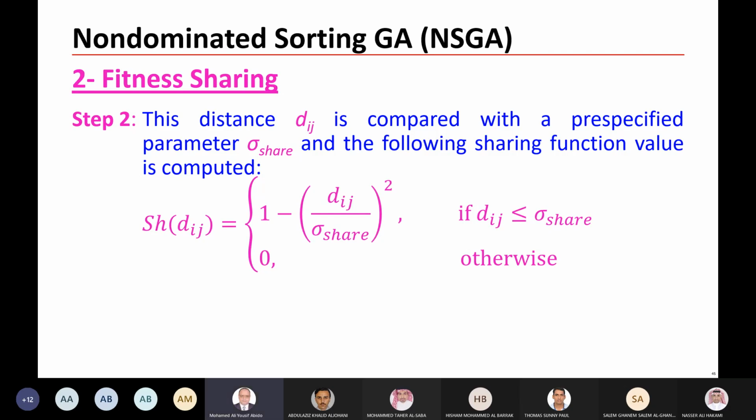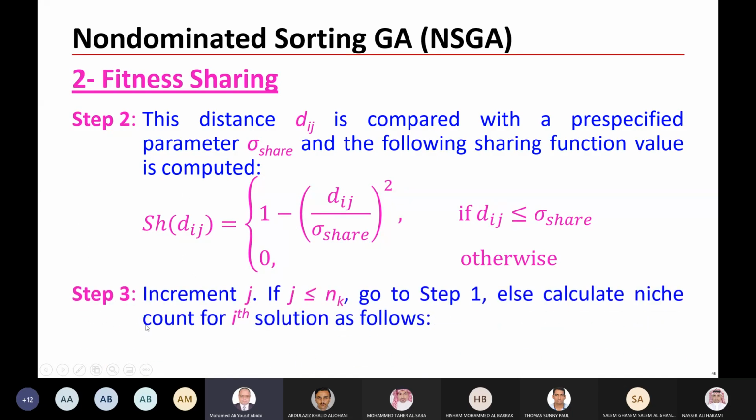In the neighborhood, if we have another solution, we have another value here, and of course we have some kind of summation. Let us see the next equation. For each solution you have the summation of all sharing.